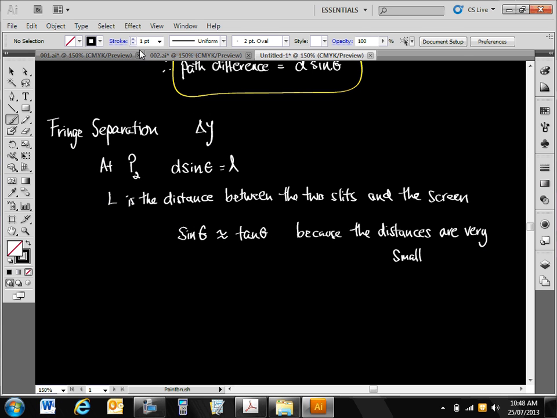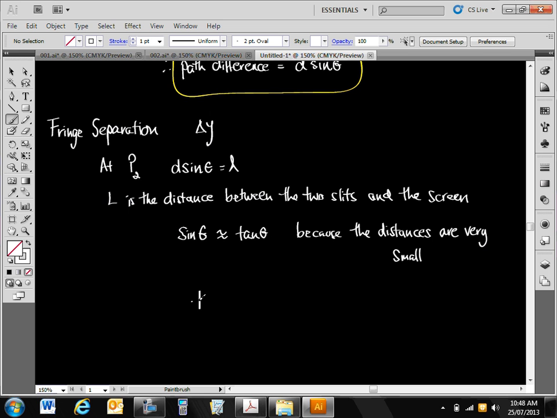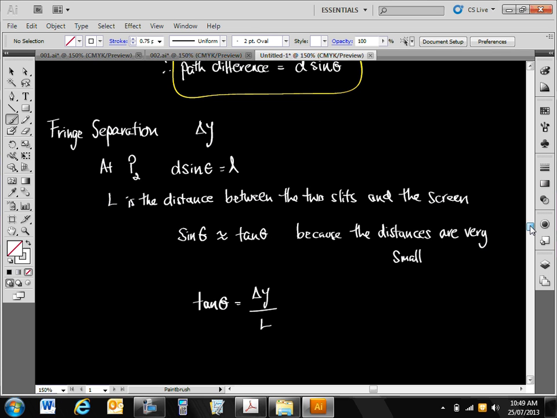Tan theta, we're almost finished, is equal to the fringe separation on L. Tan of theta equals delta y on L. I'll show you that in a second.